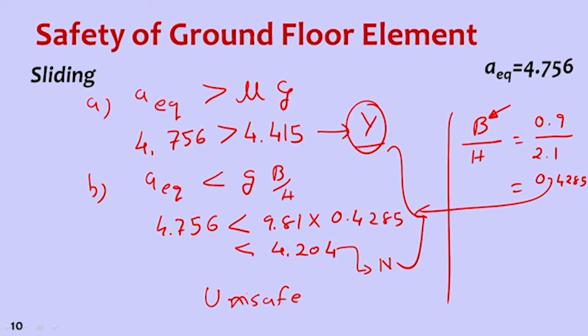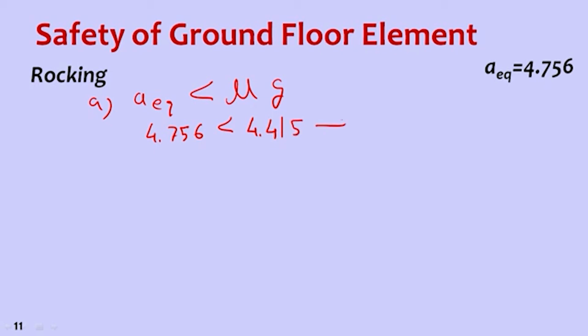Now let us move to the rocking behavior. The first case for rocking is just opposite to sliding, where the acceleration should be lesser than mu into G. The value was 4.756. Earlier we got it as a yes, so it should be no. This is no. And the second case, which we got as a no, here it is reverse, so we will get a yes.